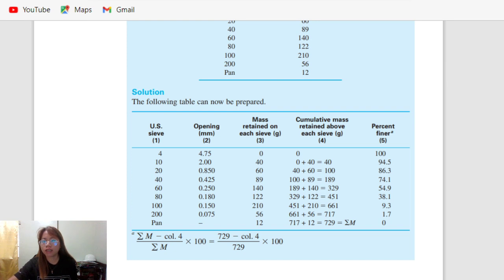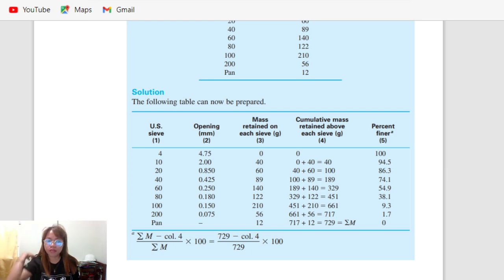Then the pan, that last one, has no opening. If you saw it in your video, you are already done with your CE37, construction materials and testing.